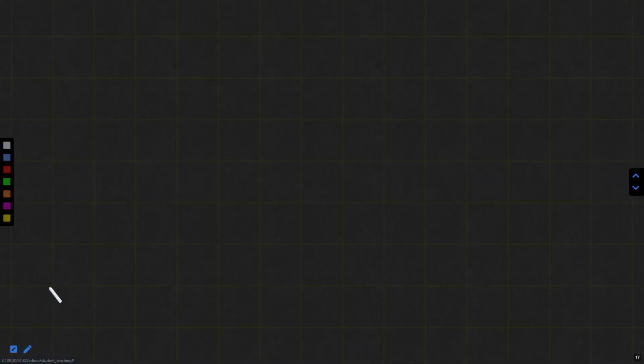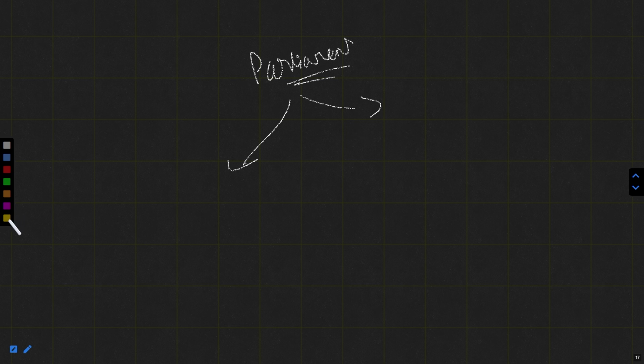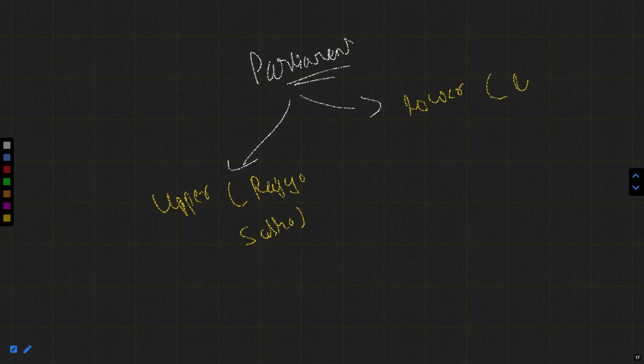Parliamentary form means we have two houses: upper, Rajya Sabha, and lower, Lok Sabha. So that's why we have a bicameral parliament. Got it? Upper and lower.